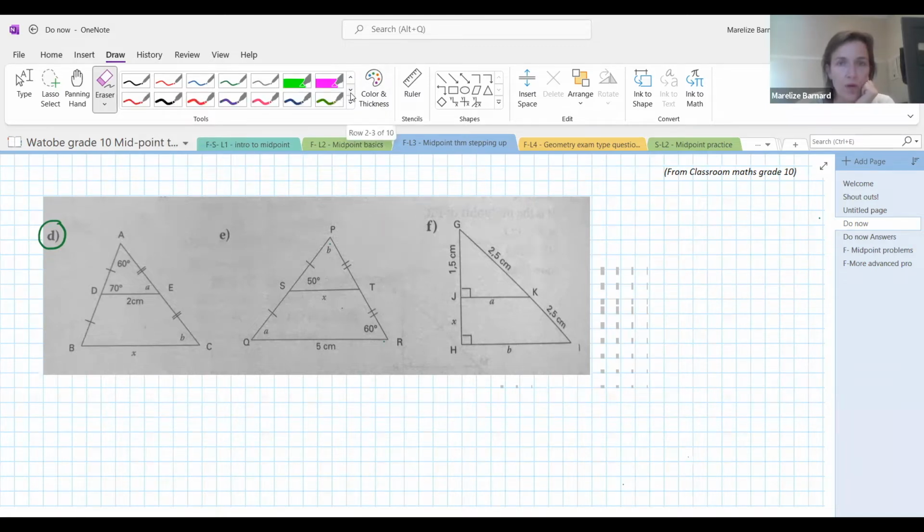Remember, we start with what is given, what information is given, and what can we conclude from that information.